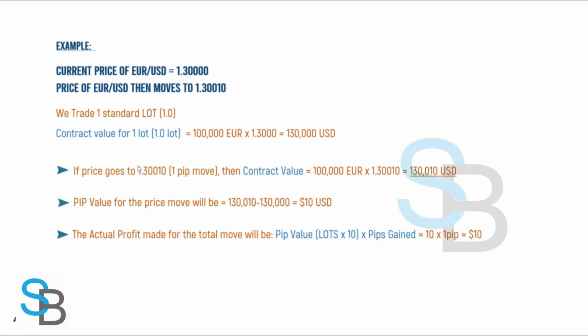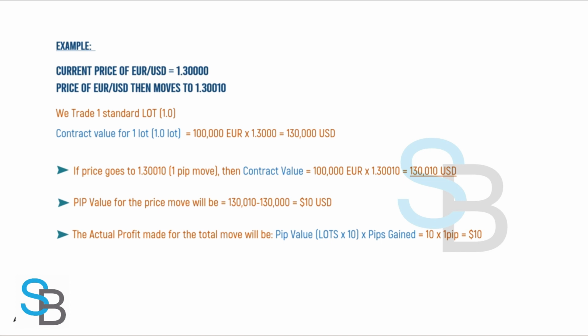So if the price moves to 1.30010, which is a one pip movement, then the contract value will be 100,000 times 1.30010. For the one pip movement, we now have to find the contract sum for that one pip movement.